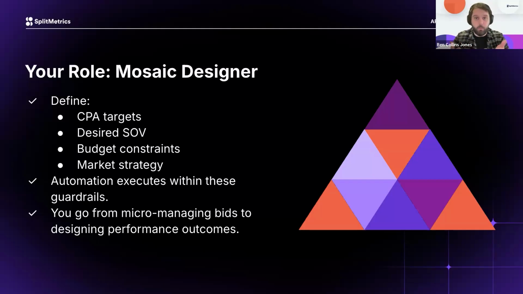And then I would recommend utilizing things like automation to execute within those guardrails. Instead of living inside spreadsheets and bid adjustments, you focus on shaping the bigger picture. How do I make this the mosaic that I want to see? How do I make sure that this is what's right for my business? That's ultimately what's right for my brand.